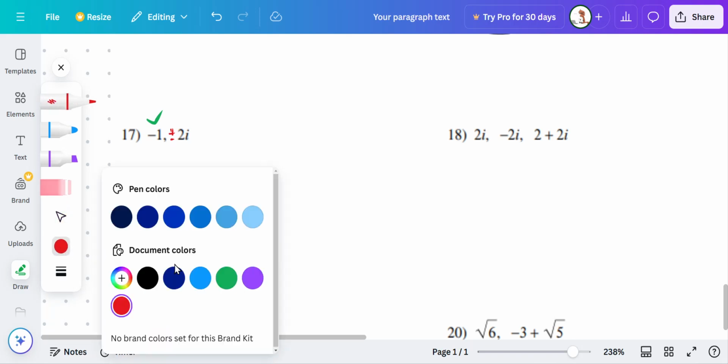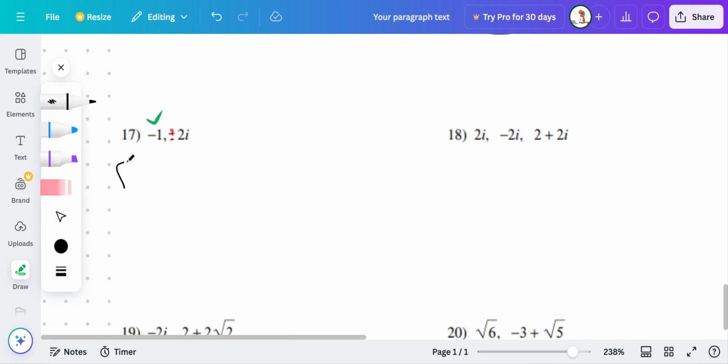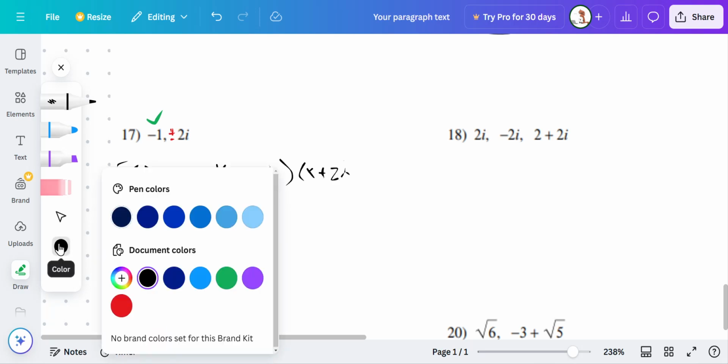So let's set her up. So f of x, and then this root gives the factor x plus 1. And then for my 2 imaginary roots, I'll have x minus 2i and x plus 2i.